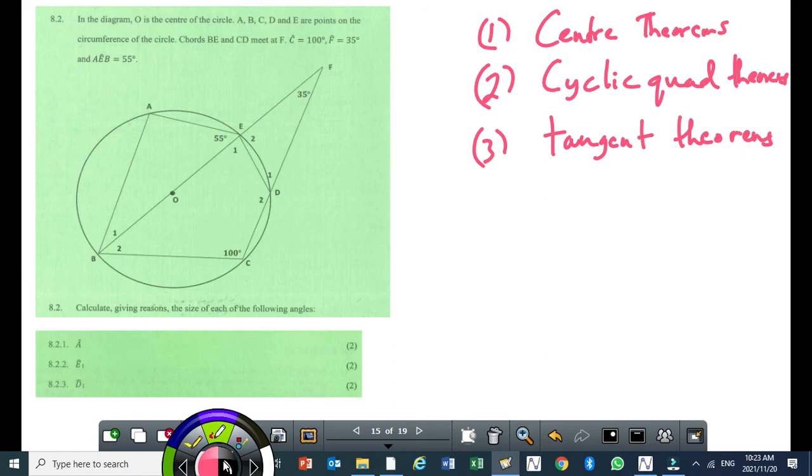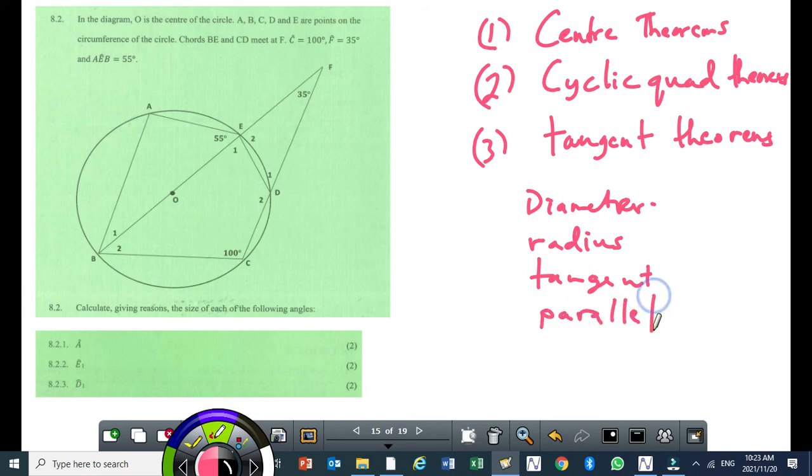Then there are keywords that you must look for when you are answering questions: diameter, radius, tangent, parallel lines. When you see these, you must remember something about them. You have chords, what else? The center. These are keywords that you find in questions, cyclic quad.